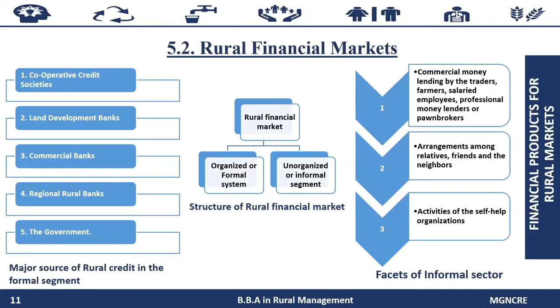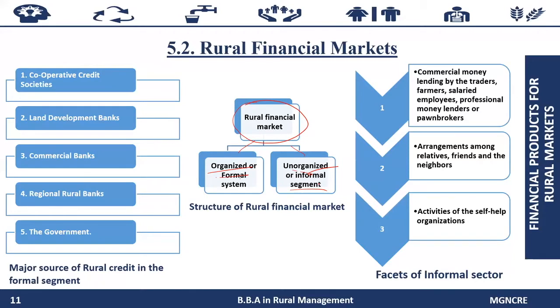Firstly, we'll talk about the rural financial market, which is divided into two segments, that is, the organized or formal system, and then the unorganized and informal segment. Talking about the organized or formal segment, it caters to borrowers having lesser risk as compared to the informal segment.